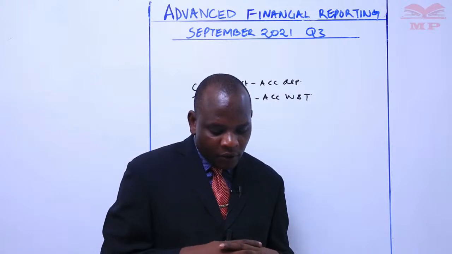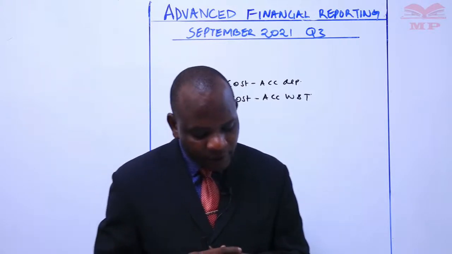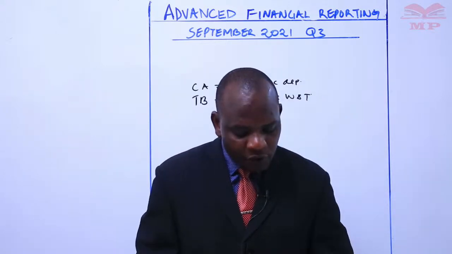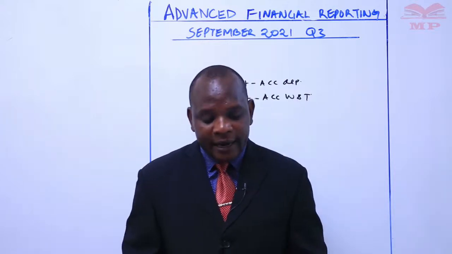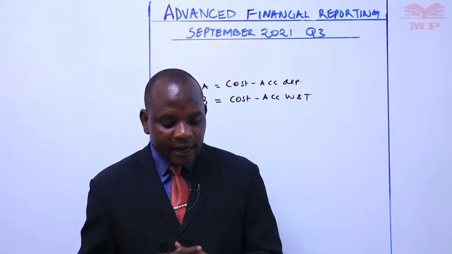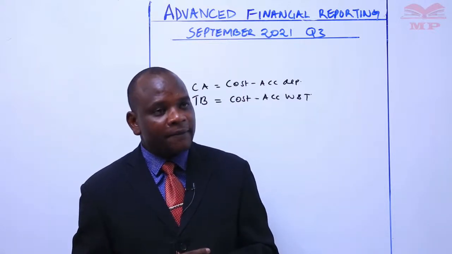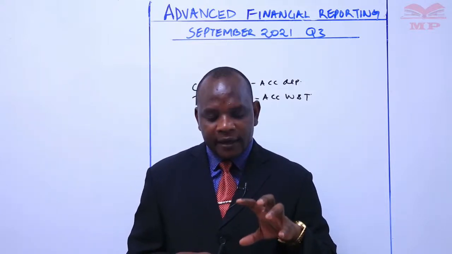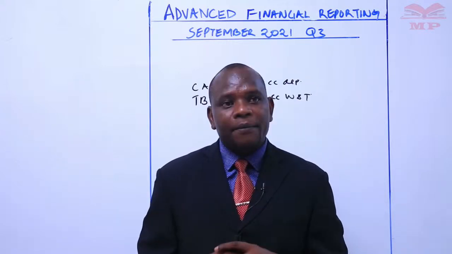Now, when you go to timing or temporary differences, the examiner is asking you to talk about temporary differences. We also call them timing differences. These occur when items of revenue and expenses are treated for accounting purposes and for tax purposes, but in different periods. Hence, the element of timing or temporary differences.